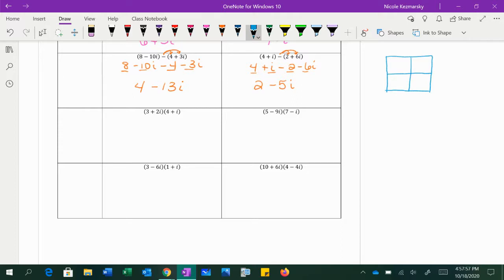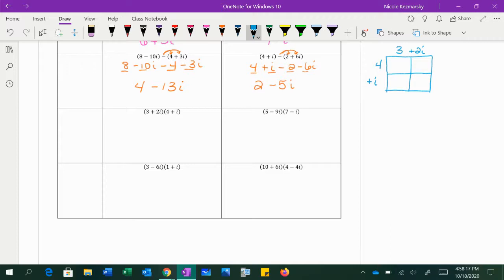with 4 quadrants. Across the top, I'm going to take the 3 plus 2i. I'm going to put the 3 above the first column and the plus 2i above the second column. And then I'm going to take the 4 and the plus i and write them down the side.